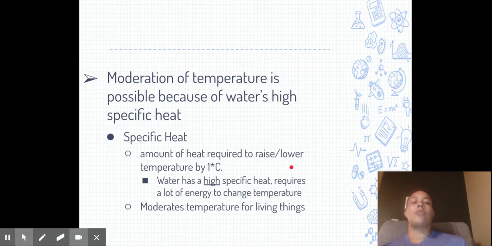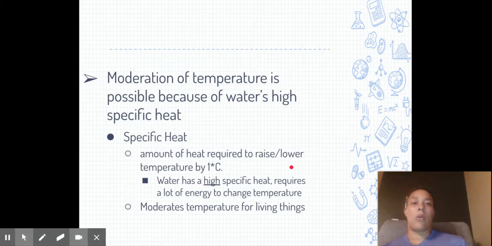There's a very large amount of energy required in order to change its temperature by just 1 degree, whether that's 1 degree up or down. A large amount of energy has to be applied in order to make that change happen. So that would be specific heat, and this is important for all of life.